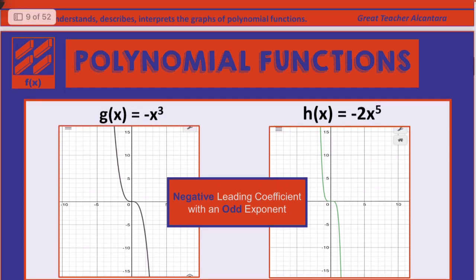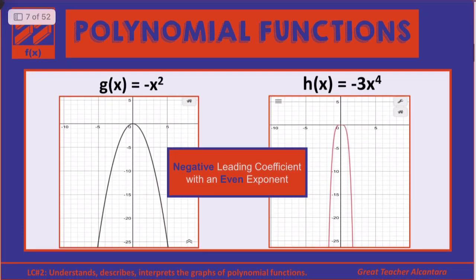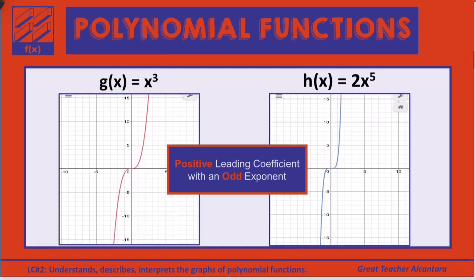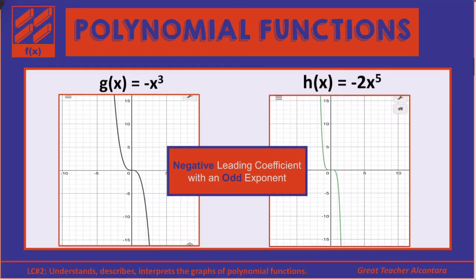So as you can notice earlier with the first example, the direction is that both sides are going upwards, the left arrowhead and the right arrowhead. While for the second example here, they're both going downwards, while for the third one, it goes from down to up. And then the last one is from up to down. So you can see the differences with their end behaviors and the direction that they're heading into.